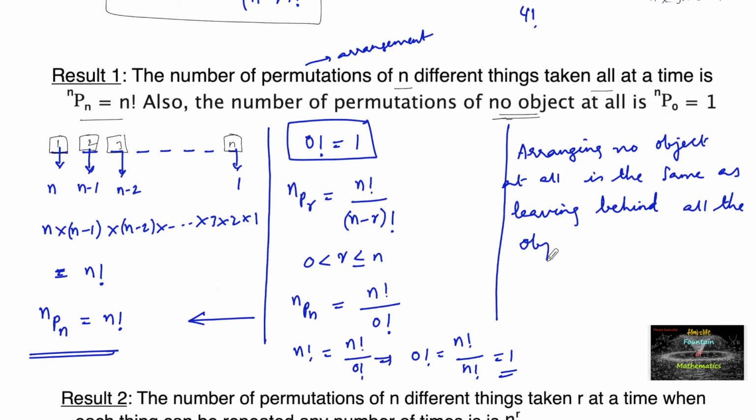Leaving behind all the objects indicates only one way. There is only one way.